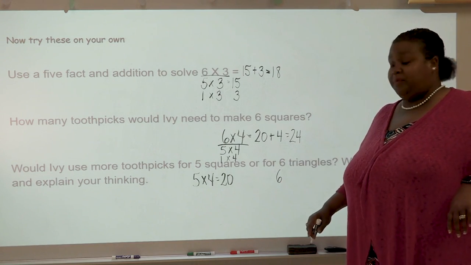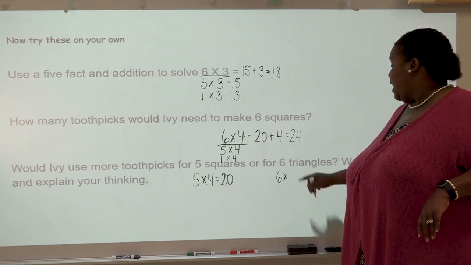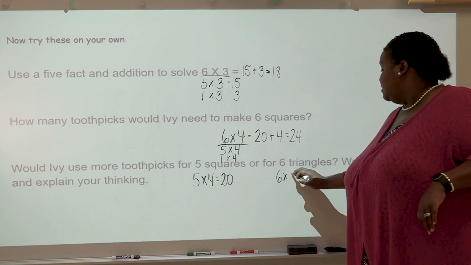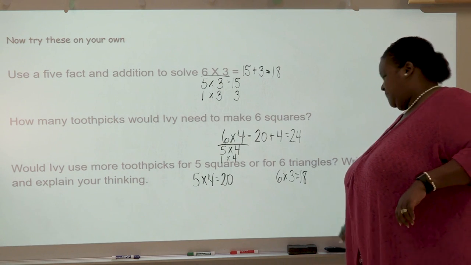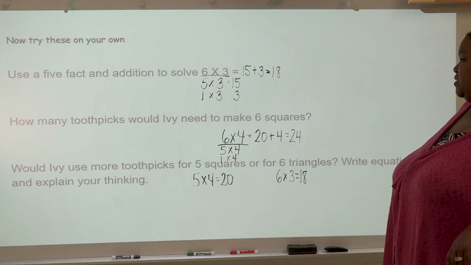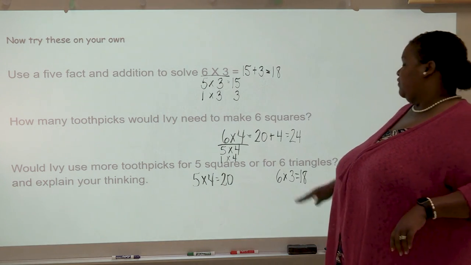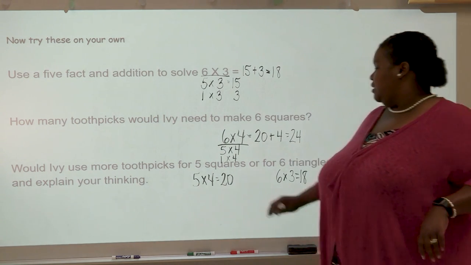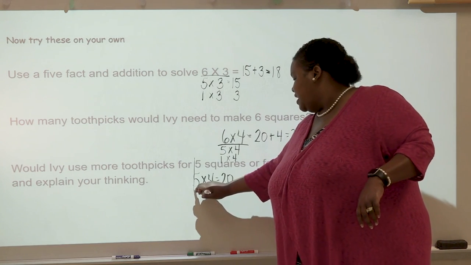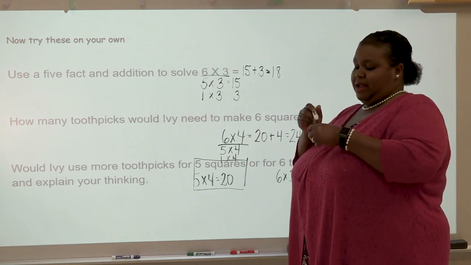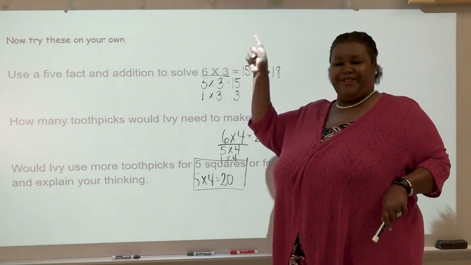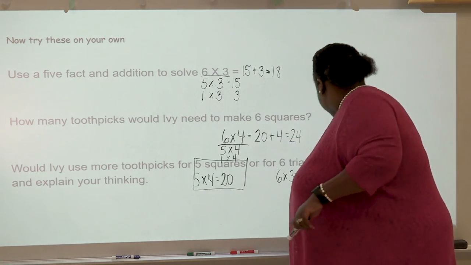It tells me the group number. Times triangle, I'd have 3 sides. 6 times 3 equals 18. Alright, so which one? Would Ivy use more toothpicks for 5 squares or for 6 triangles? If you said for the 5 squares, you are so right. And I'm giving you a lasso cheer. Good job, guys.